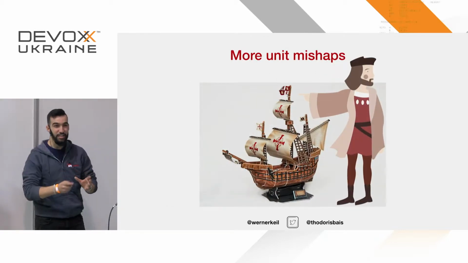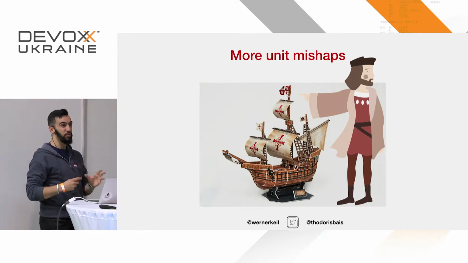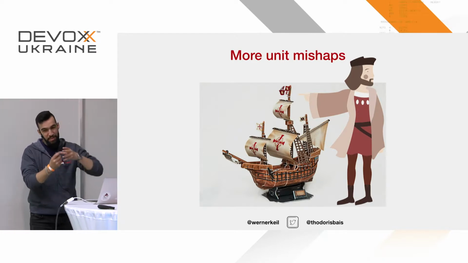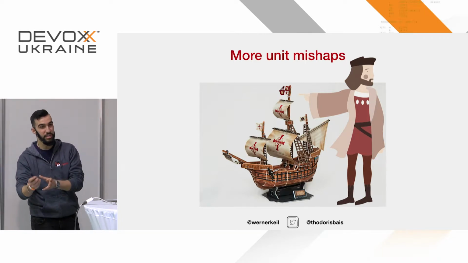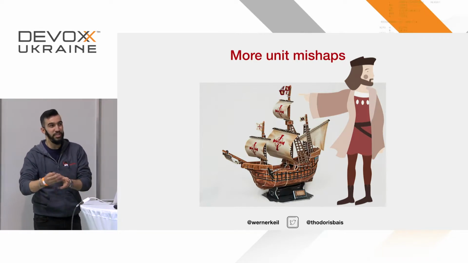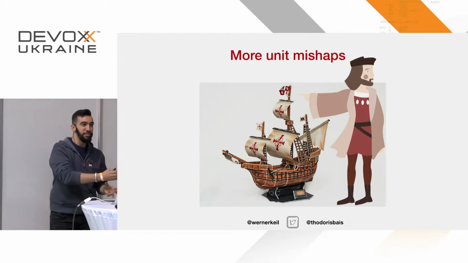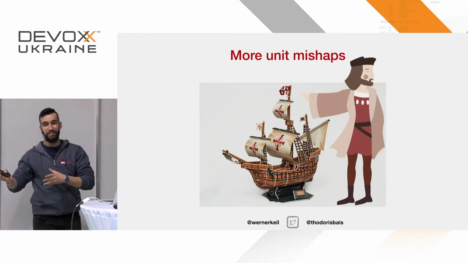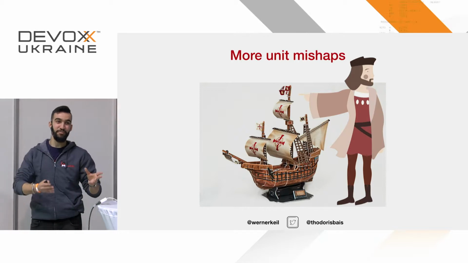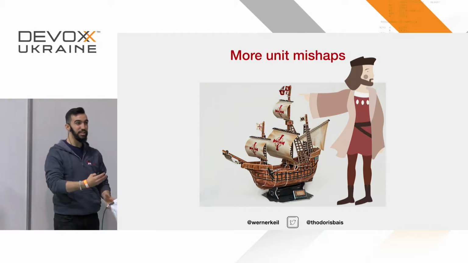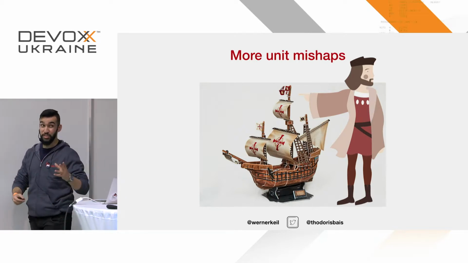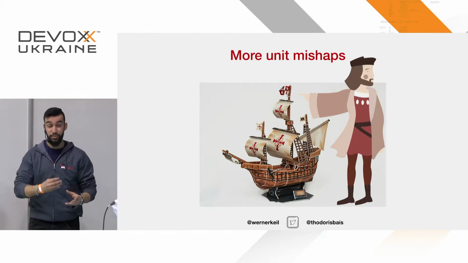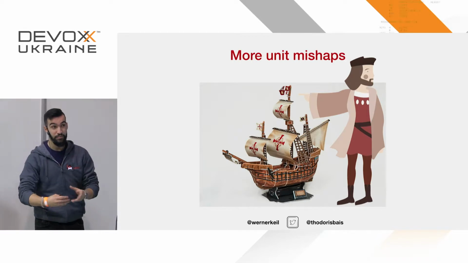Columbus miscalculated the circumference of the Earth because he used Roman miles instead of nautical miles. And of course, he ended up in the Bahamas, but he thought he was in Asia. And this is the reason the Native Americans were called Indians 500 years later. So what did Columbus do wrong? He used Roman miles instead of nautical miles.